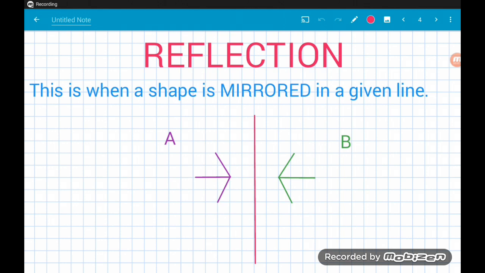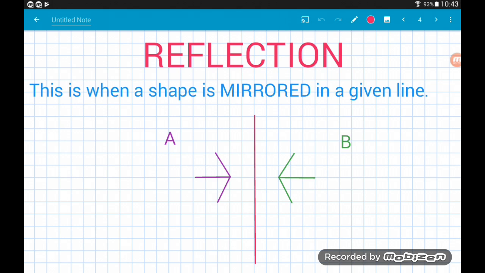Okay, transformation number 2 then, we're looking at reflection. Reflection basically mirrors your original shape through a mirror line. So the result you end up with is always a symmetrical picture about the mirror line.